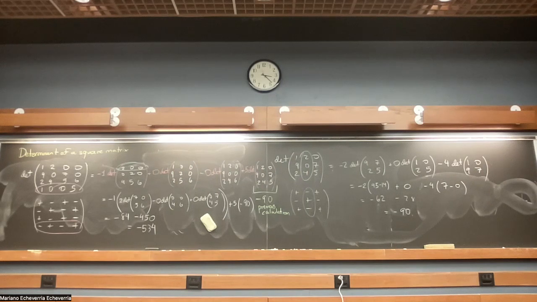So notice, even though none of the entries of the matrix were particularly large, still the answer is relatively big. So don't be surprised if sometimes the number is kind of high. The absolute value of that number is 534.